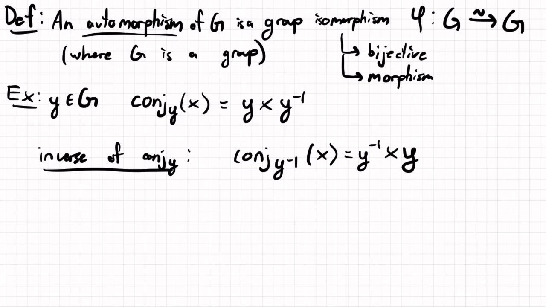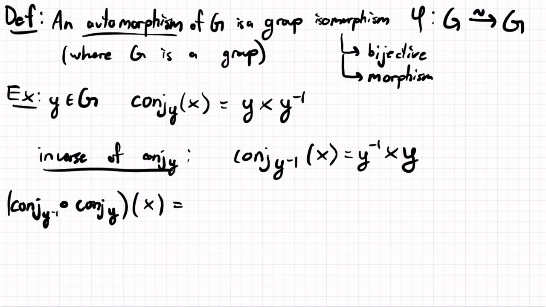And so what will happen is if we first apply conjugation by y, and then we apply conjugation by y inverse, let's apply that to x.